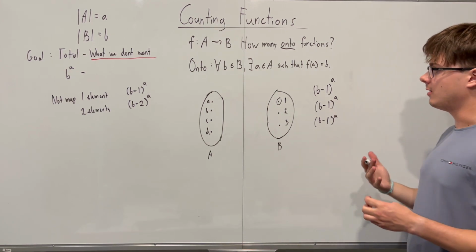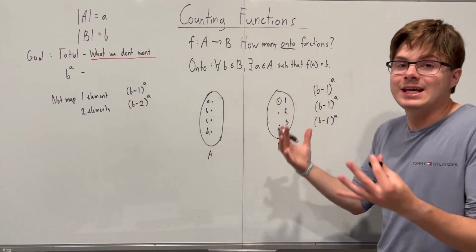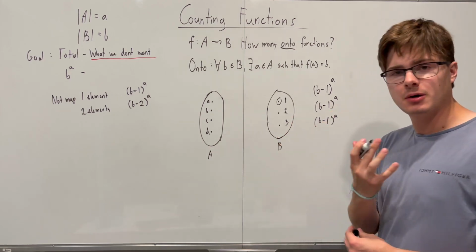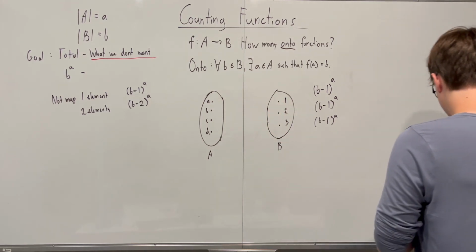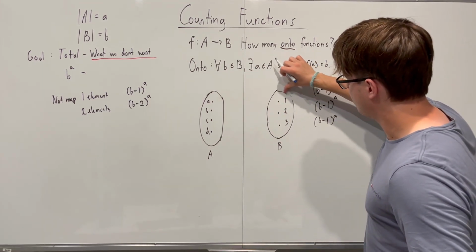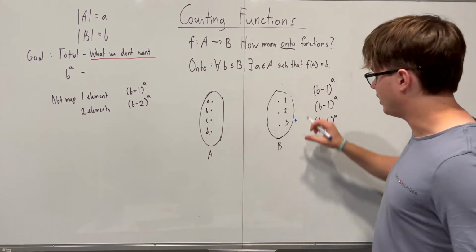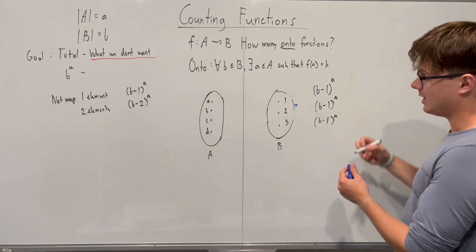Well, what do we notice here? For this case, the number of ways you can choose, if you remember earlier the word I chose, the number of ways you can choose whether you're not going to map something to 1, or not going to map something to 3, or not going to map something to 2, in this case is going to be 3 different ways.